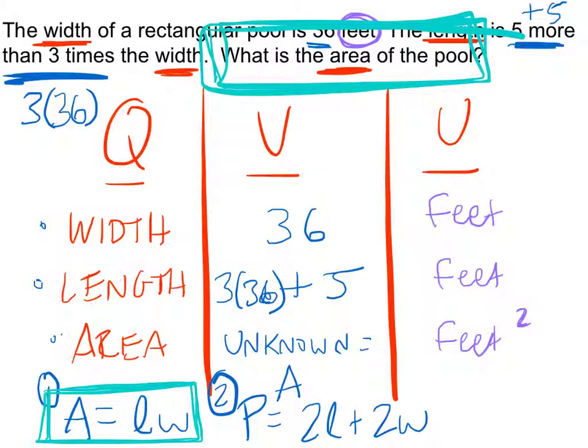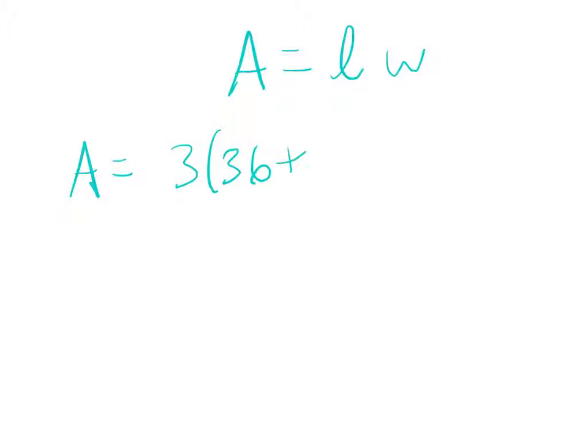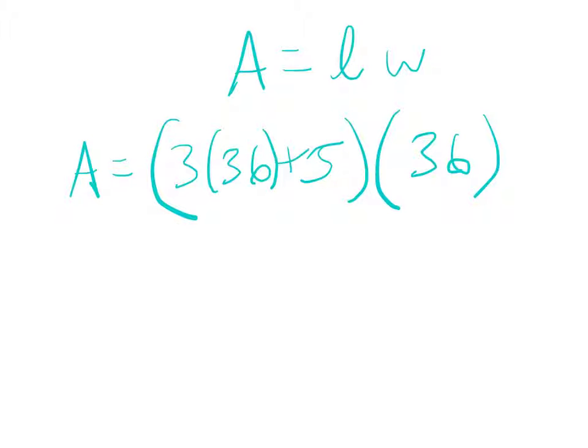So we're going to use it to actually solve our problem. Area equals our length, which was 3 times 36 plus 5, multiplied by our width, which was 36.